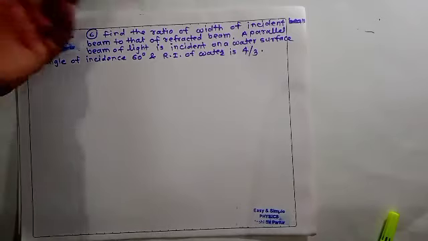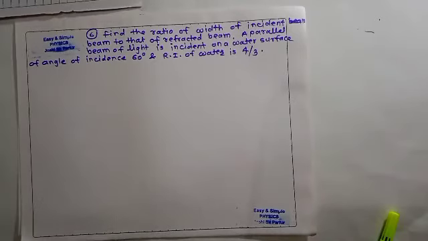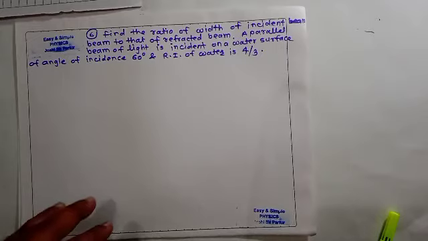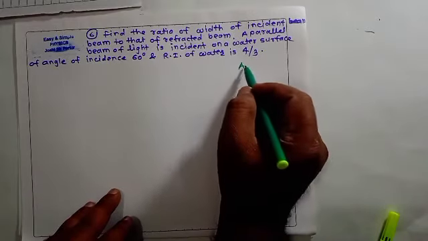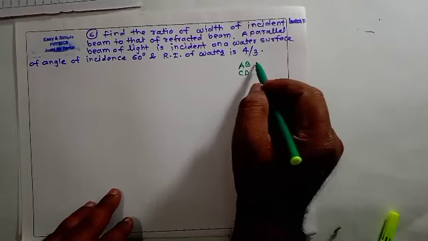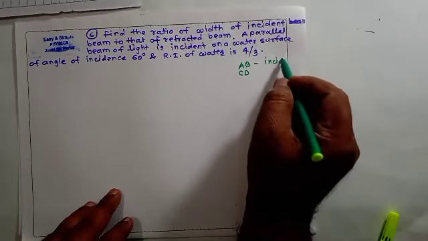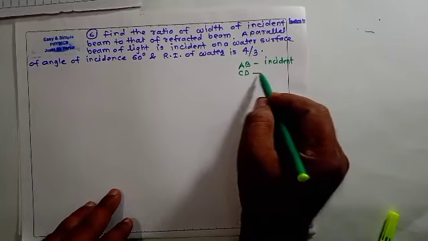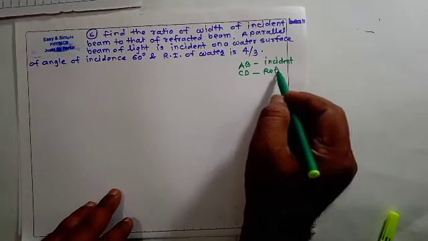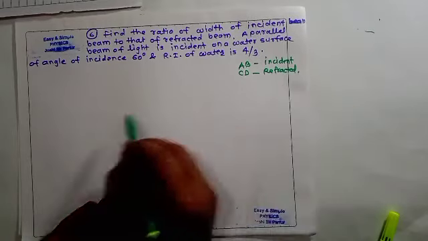Again, we can solve. Find the ratio of width of the incident beam to the refracted beam. If AB and CD, AB is the incident wavefront and CD is the refracted wavefront. So what happened?